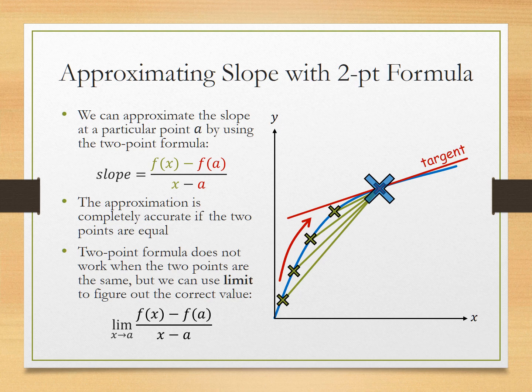The trend does exist when the 2 points are identical. The actual formula does not work, but the formula for the trend of the slope does work. So even though f(x) minus f(a) over x minus a does not exist, is undefined at this point, the limit of it does exist.